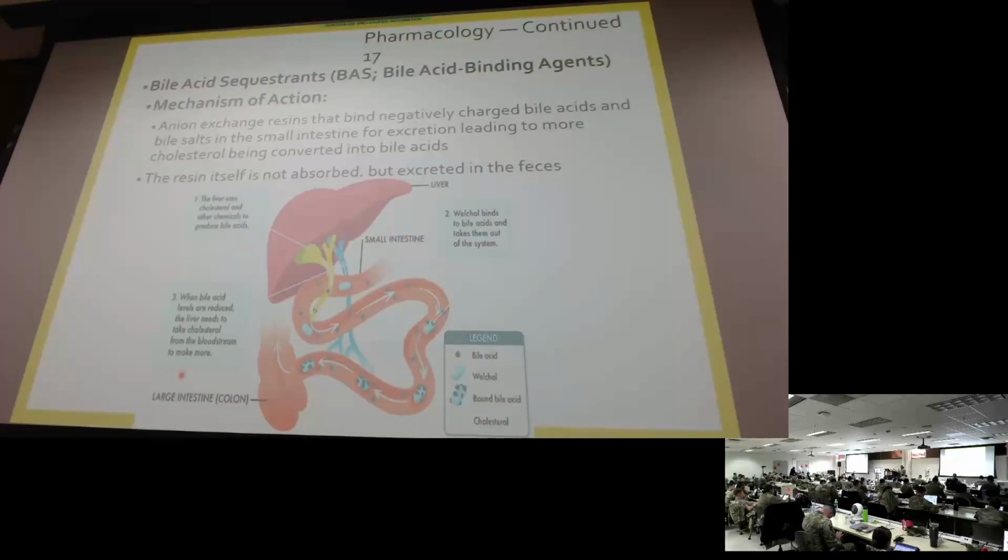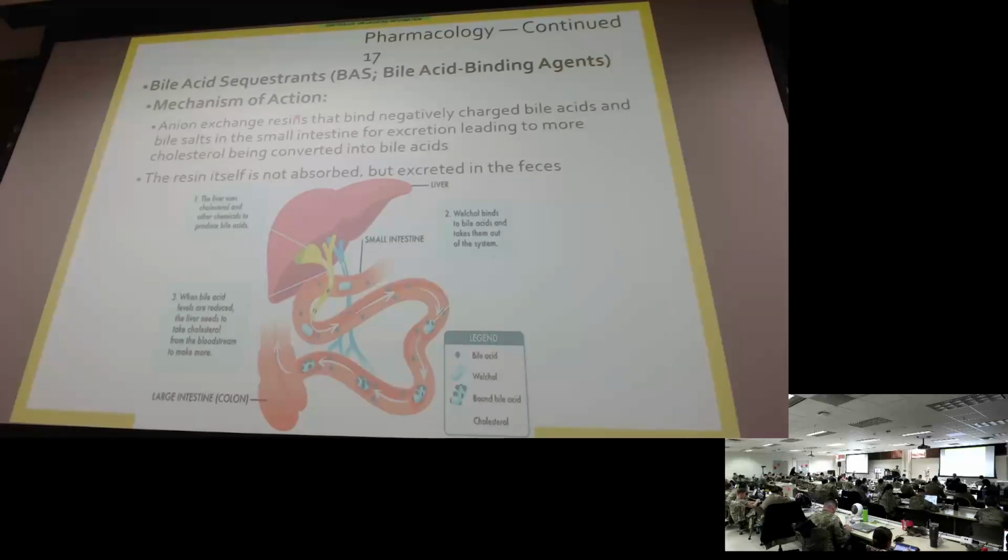Bile acid sequestrants. So when you think about bile, bile is made from cholesterol. After production, they're bound from circulation by these medications, essentially, and that causes the liver to make more cholesterol to make more bile.